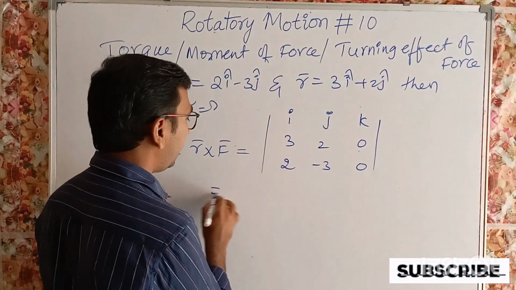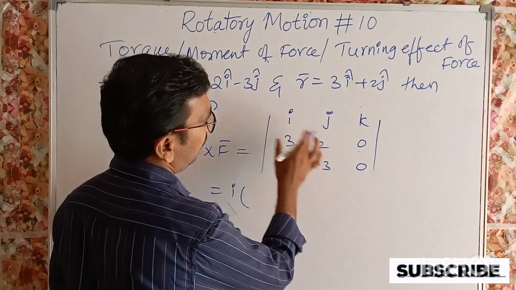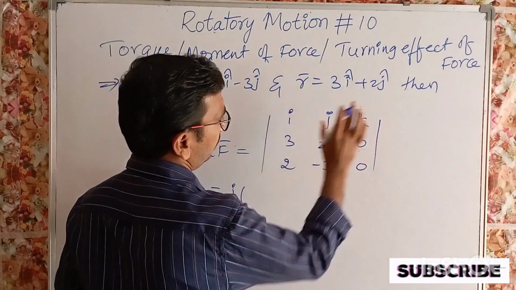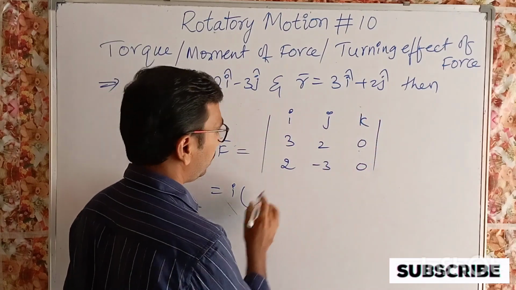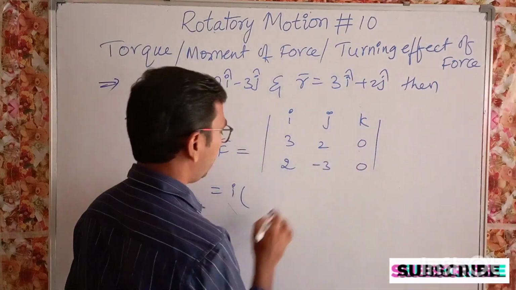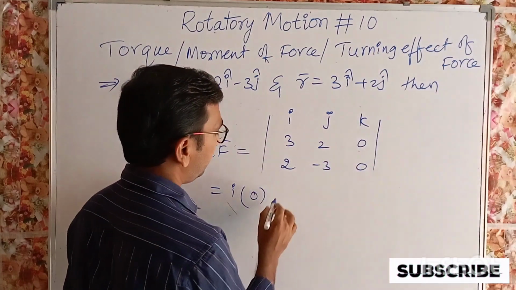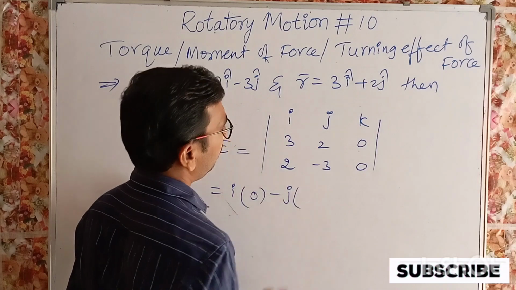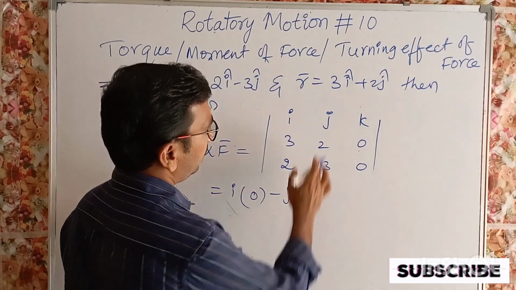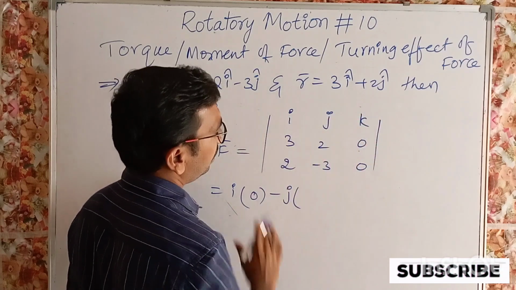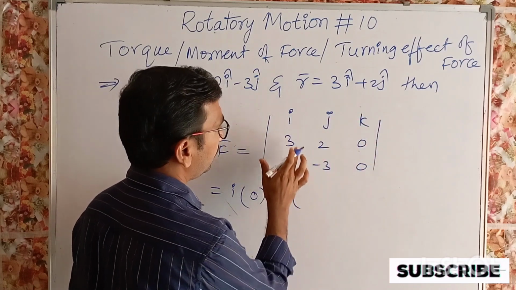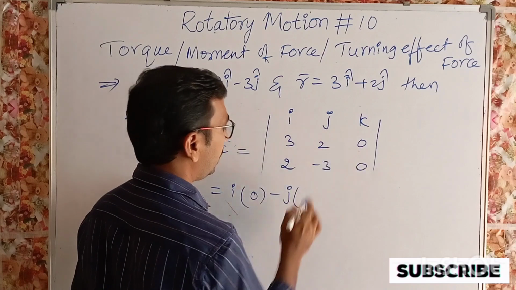First for i, cover the i row and i column and cross multiply the remaining terms. So 2 into 0 and 3 into 0, this total term is 0. Then minus j: cover the j row and j column and cross multiply the others. 3 into 0 and 2 into 0, both are 0.